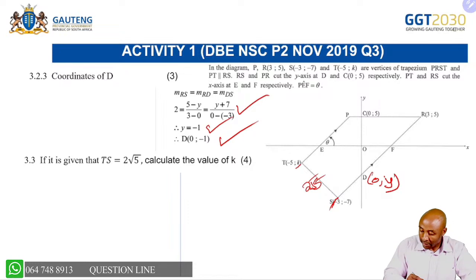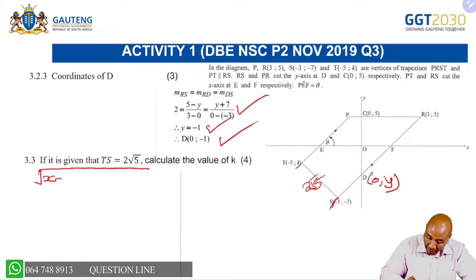So we can do our substitution. We know that for our distance formula, it is square root, or we use squared, it's up to us. So it will be square root of (x at T minus x at S) squared plus (y at T minus y at S) squared is equal to 2 root 5.